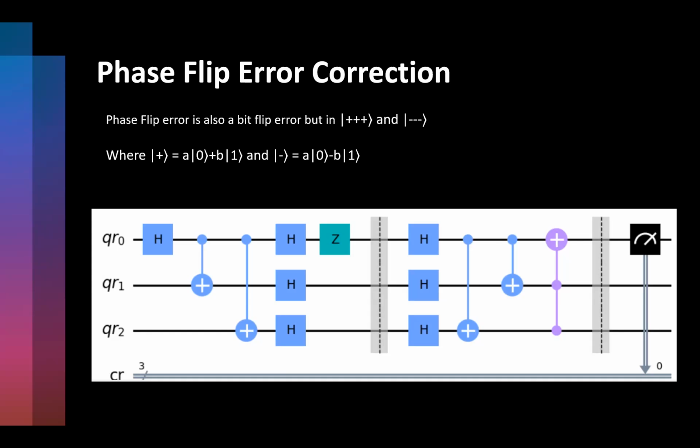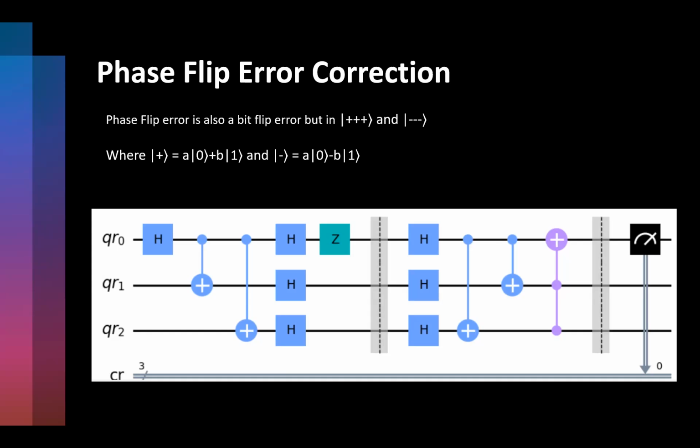Okay, so now our representation is in plus and minus. In this plus minus space, the phase flip error is a bit flip error. Suppose we apply an X gate on plus, it will become the minus state, which is a0 minus b.